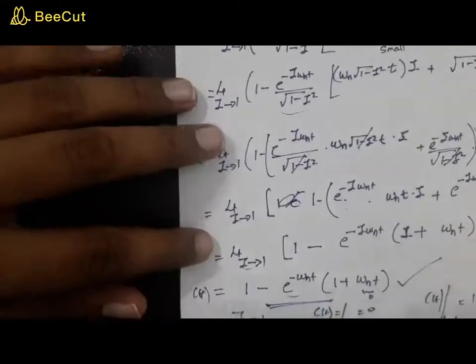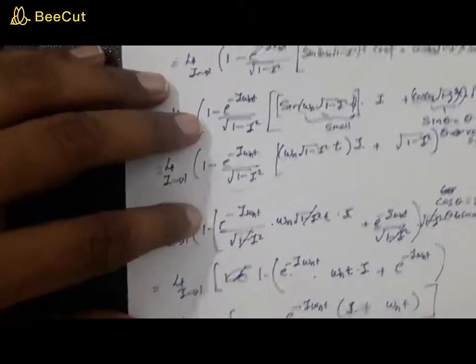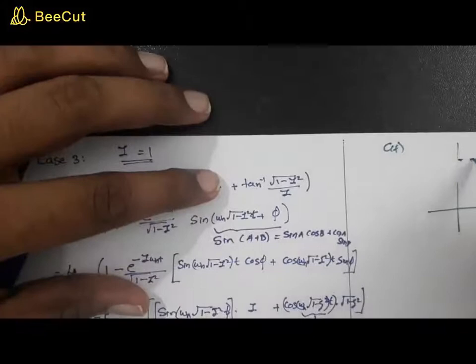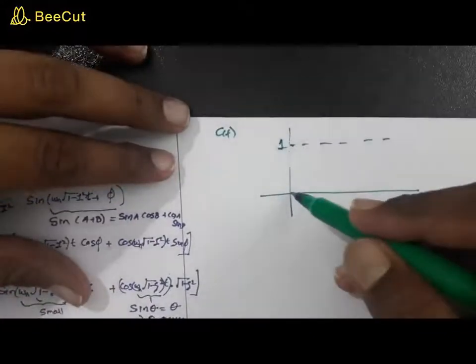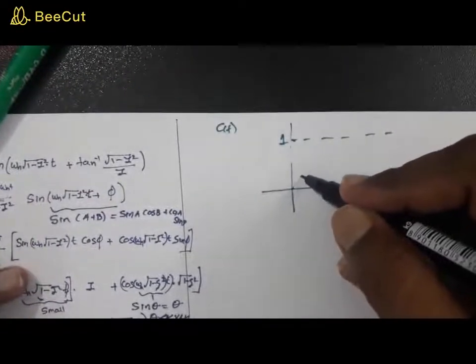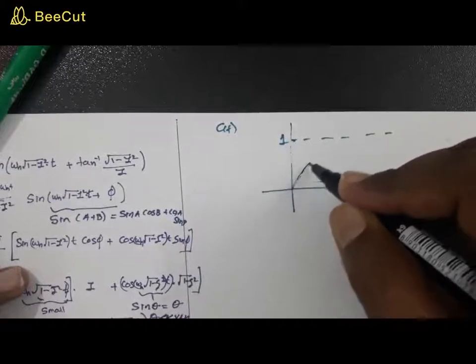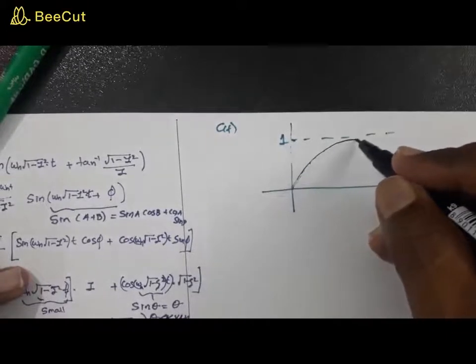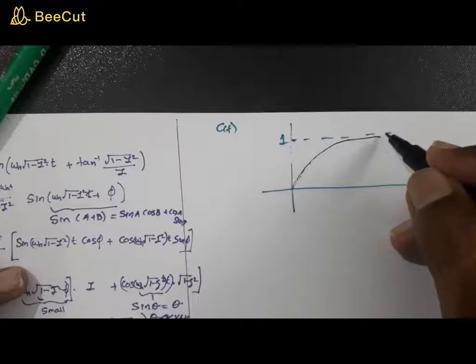So that means only at t equal to infinity will it reach 1. Before that there is no oscillation, and you get a graph like this, as we did in the first order system. It approaches 1 only at t equal to infinity.